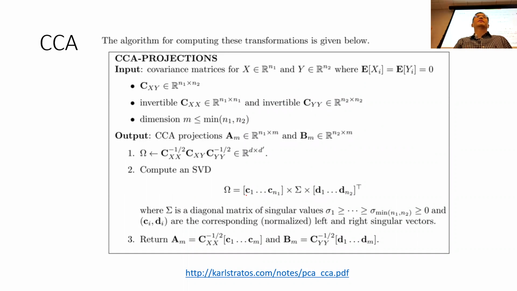Well, linear algebra found a solution which you don't have to go through optimization. You just use SVD to do the decomposition, and then you learn from there how you can get A and B. So this is a linear algebra solution.